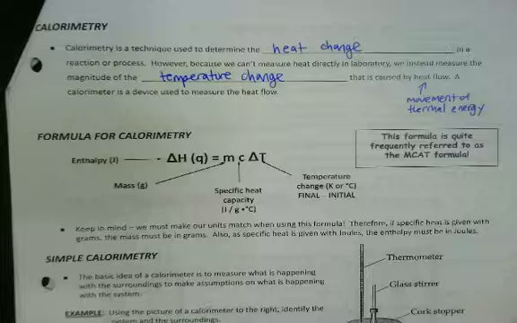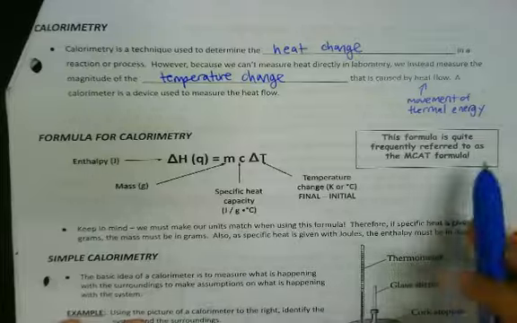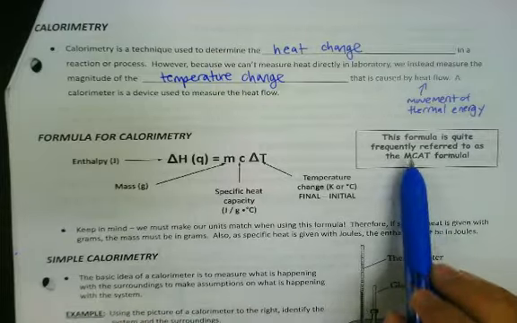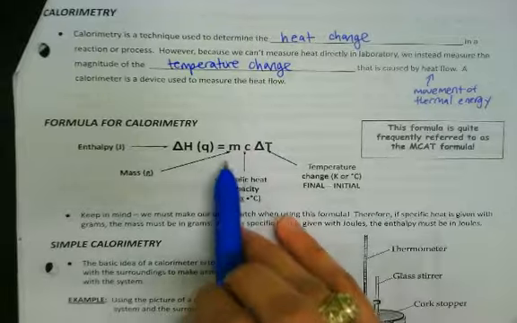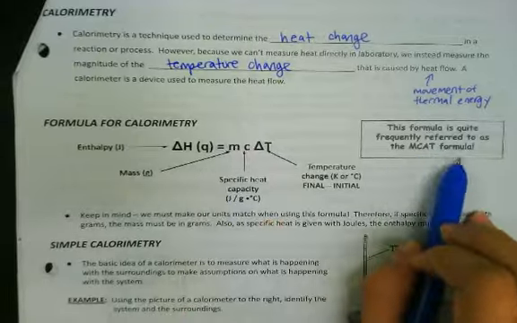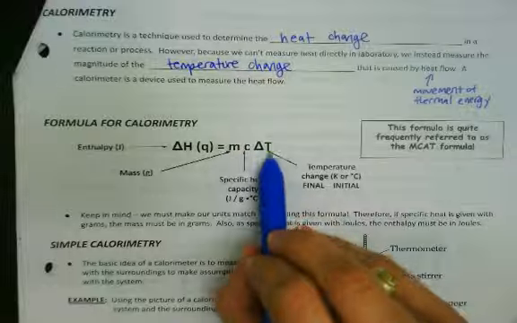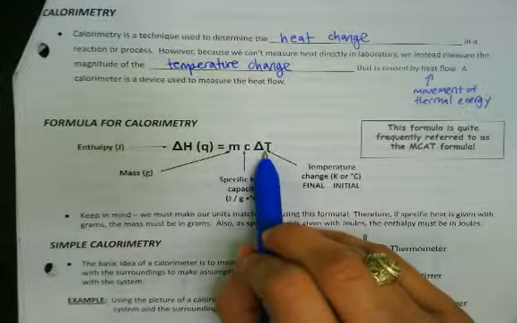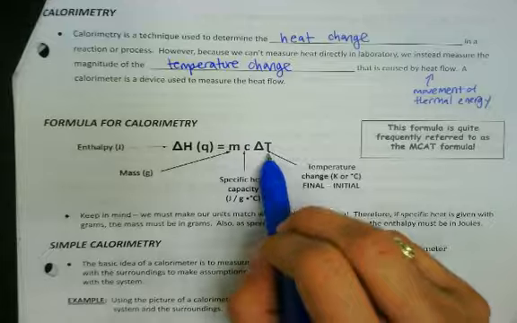When we start getting into calculations, we are going to use something called the MCAT formula. It's called the MCAT formula because it looks a little bit like MC delta T. The delta looks a little bit like an A, so we'll often call it the MCAT formula.